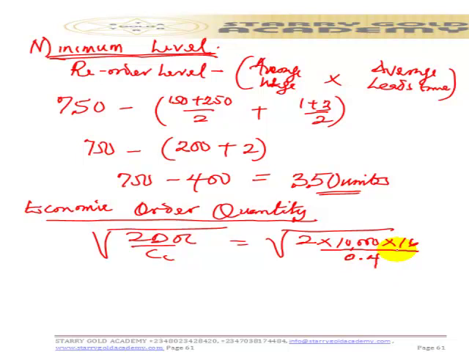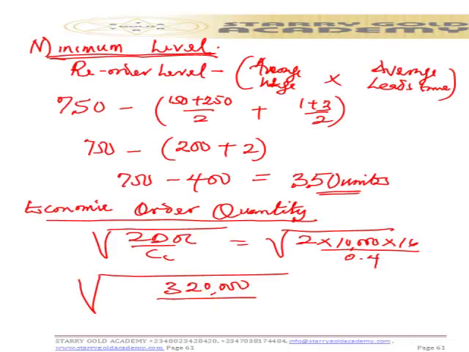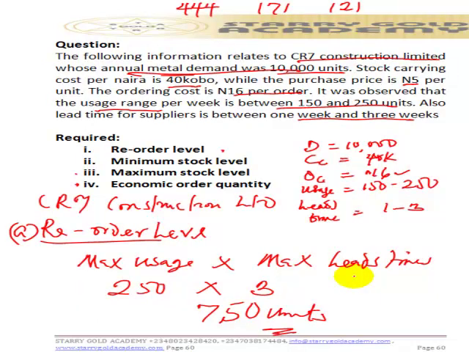So this will give us the square root of 2 times 10,000 times 16, that's 320,000, divided by the carrying cost here to be 0.